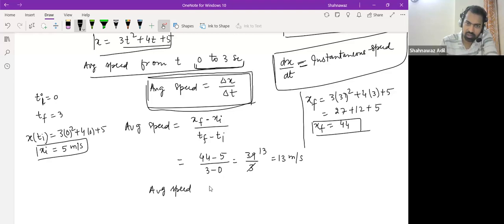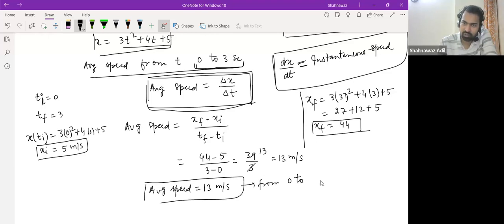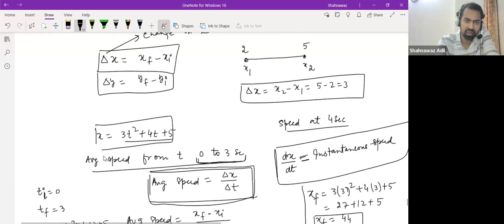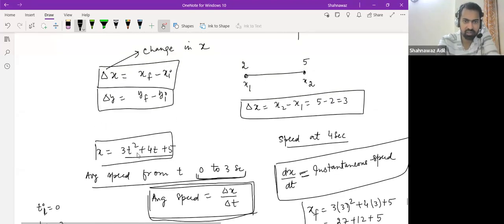Average speed is 13 meters per second in the journey from 0 to 3 seconds. Whenever we are given the parametric form, meaning x as a function of time, we will use this formula of average speed. Is that clear?